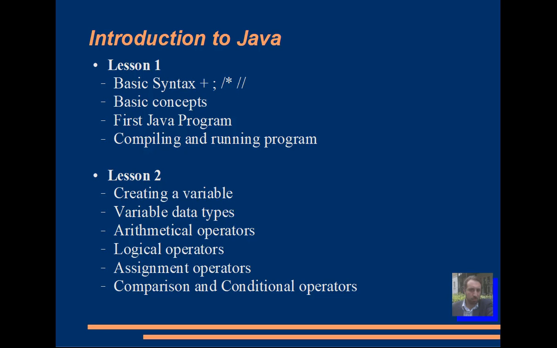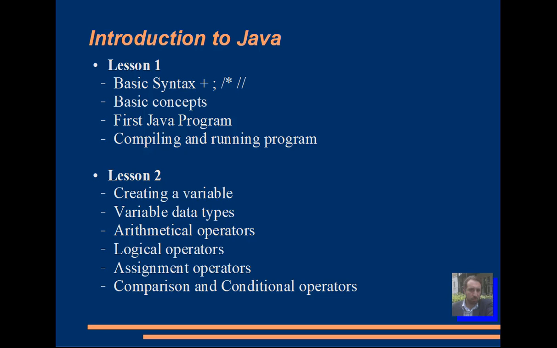We're going to write our first Java program, and don't worry if you're not familiar with what I'm typing, because I will cover it as I progress in the course. We're going to compile the program, run it, and see how it runs. We might also mention how programs are compiled into Java bytecode and how that gets into machine language later on. So we'll cover that as well.